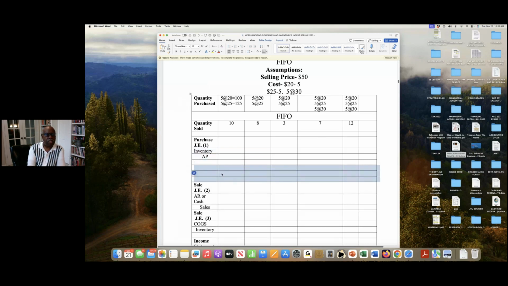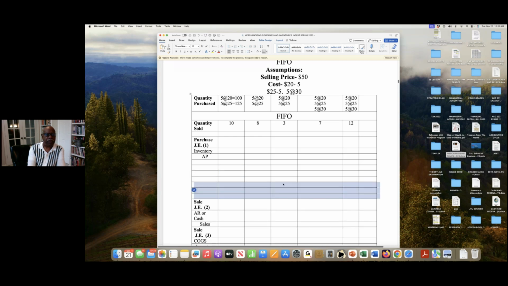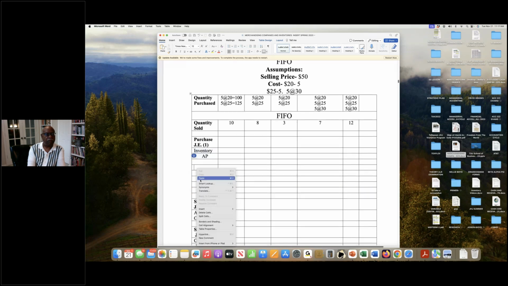And so when that happens, we're going to have more, and I'll just get this up. It's in here now. Every time we buy the shoes, we got to make this entry. So every time we buy the shoes, we make this entry.